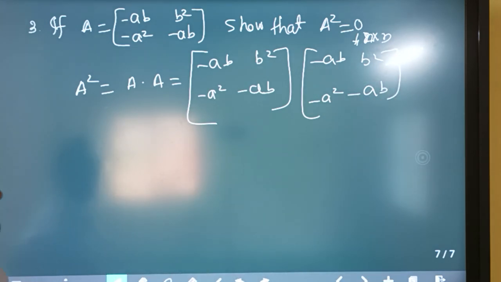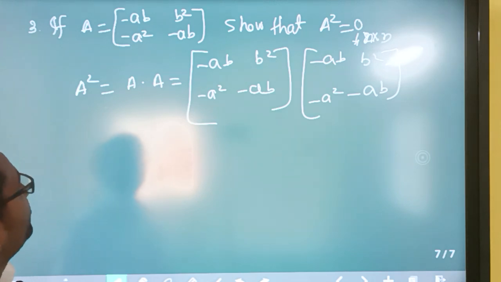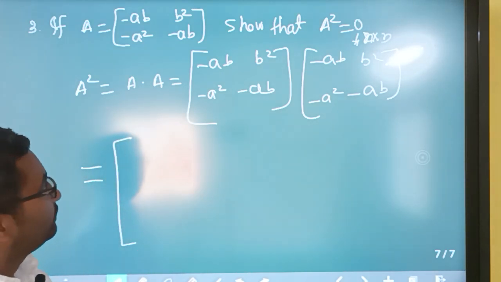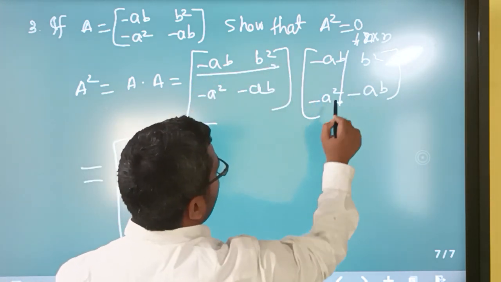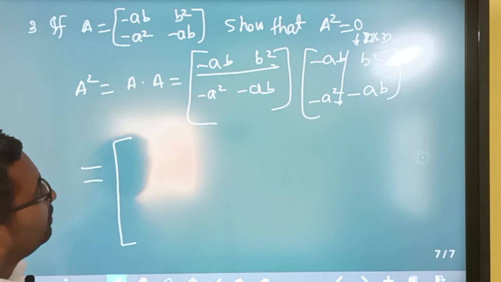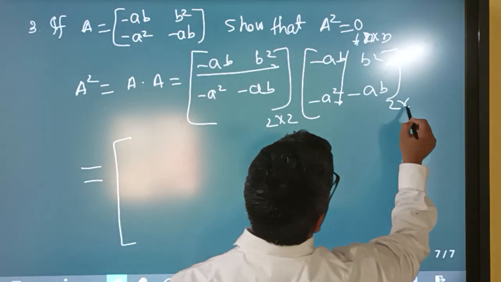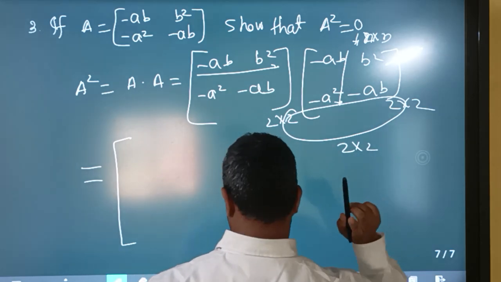There are two identical matrices. A dot A means A square. We got this according to the basic concept of the product of matrices. Now we find the value by row and column; the matrices are 2 cross 2, so the final value would be 2 cross 2.